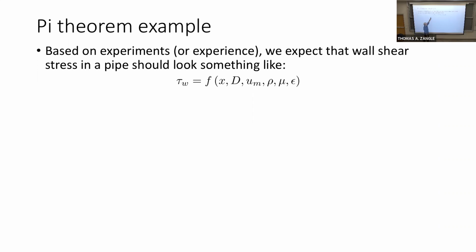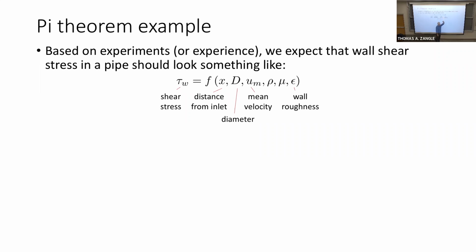Let's say we know that this wall shear stress is a function of a bunch of variables. In this case, in general, it's going to be a function of how far we are from the inlet to a particular pipe, so x, a function of the diameter of the pipe, a function of the mean velocity within the pipe, density and viscosity, right?